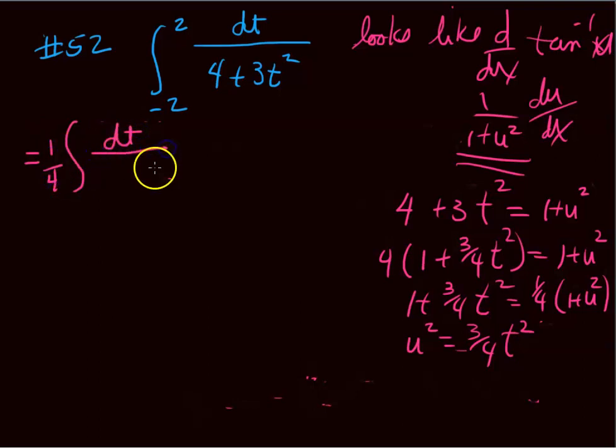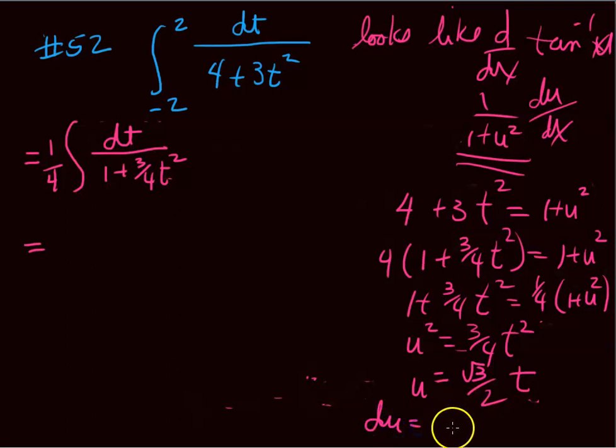Don't worry about the limits yet. And this will be 1 plus 3/4 t squared. Then I'm going to say that u is equal to, taking the square root of both sides, square root of 3 over 2 t. So du is the square root of 3 over 2 dt.